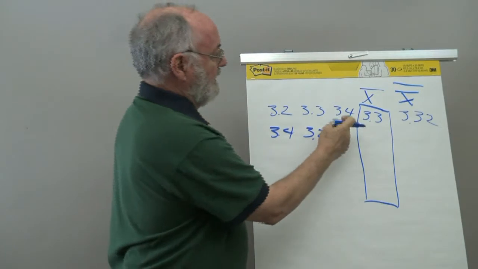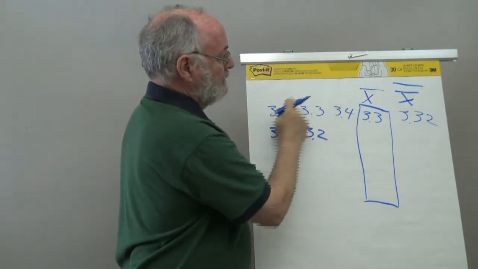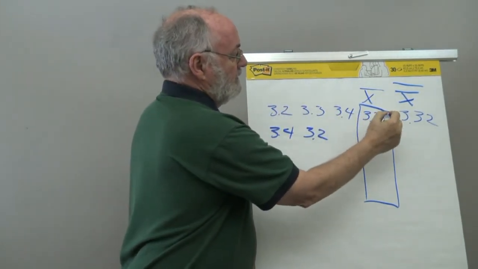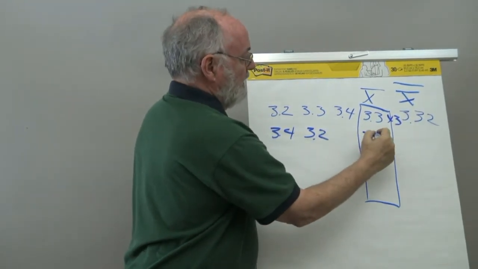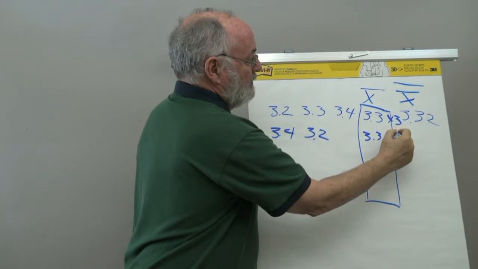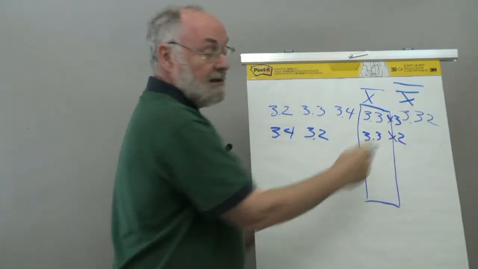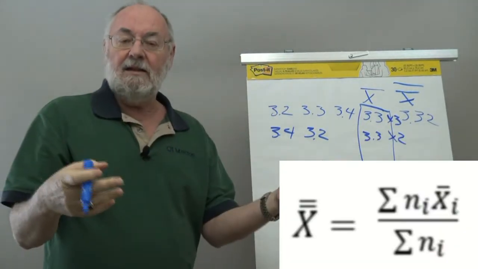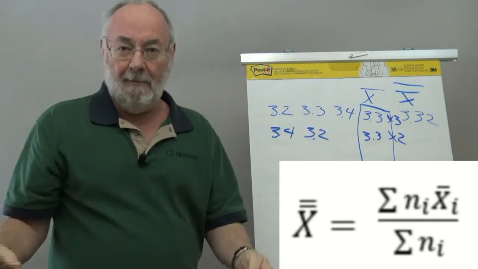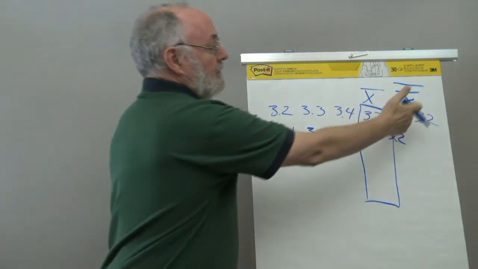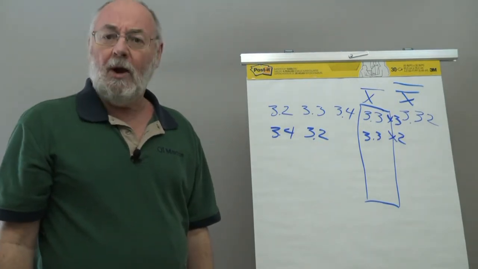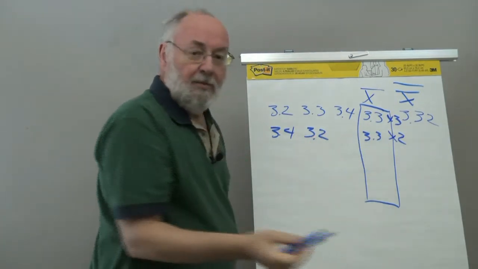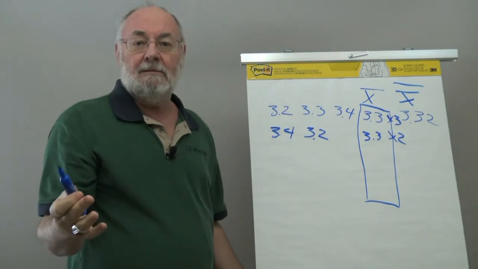Instead of this, you would calculate this times 3, and this one would also be 3.3 times 2, to get these sums, and then you would average the weighted sum to get an X double bar. That seems like a lot of work, doesn't it? But what are we trying to do? We're trying to manually do this.